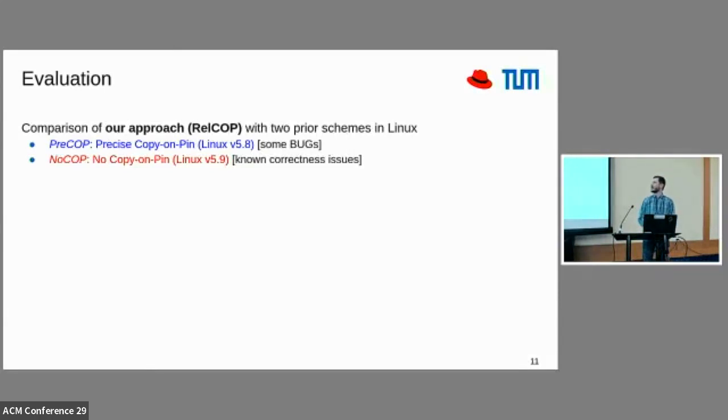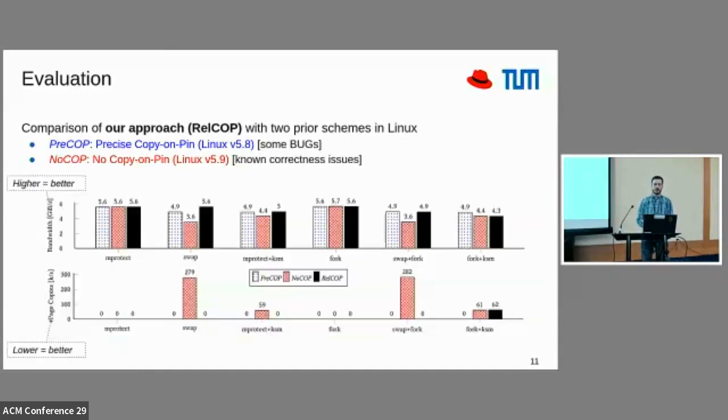That approach was abandoned not because of correctness issues, but because of complexity concerns and some bugs that were hard to resolve. The other approach we compare with is the implementation that was used after that one, starting with Linux 5.9. Because it doesn't implement copy on pin, it had known correctness issues that we essentially resolved.